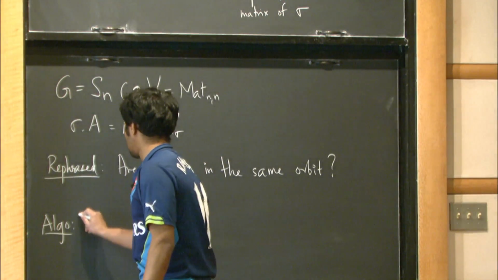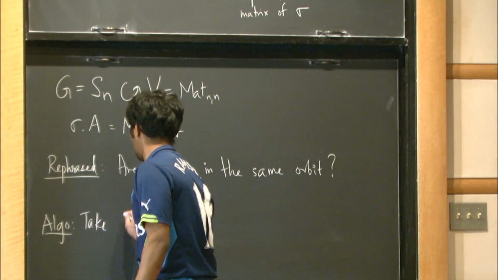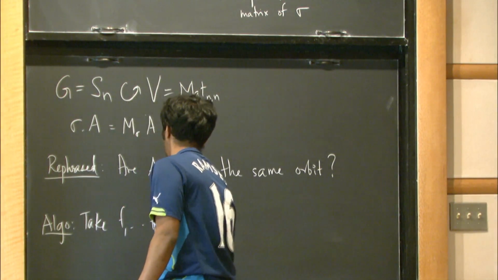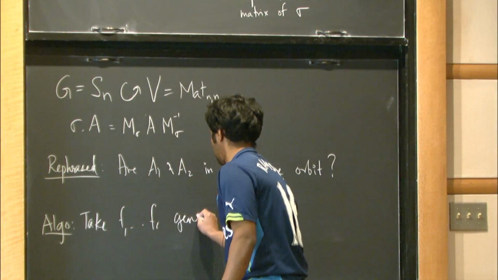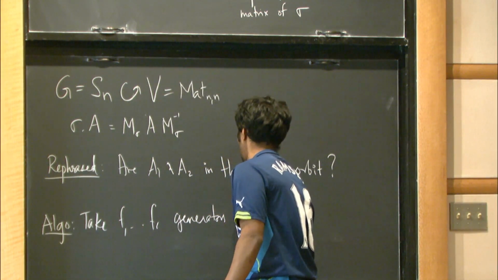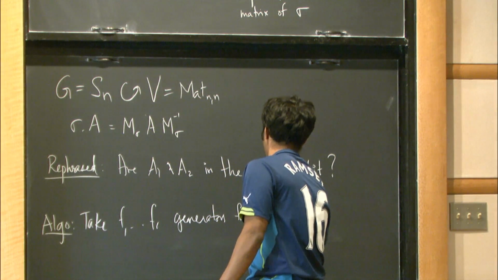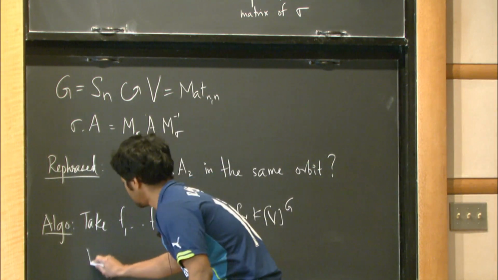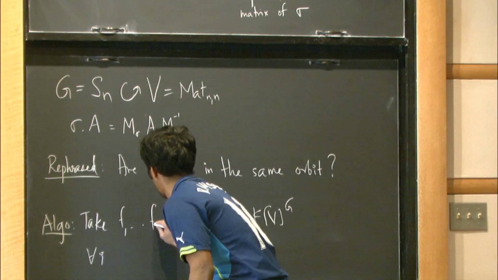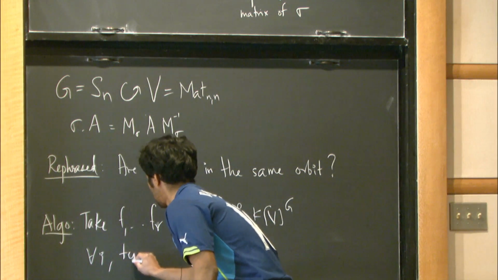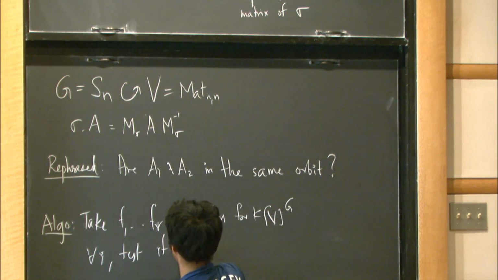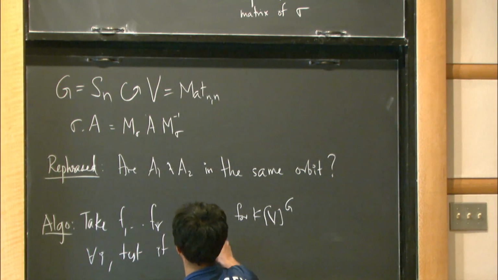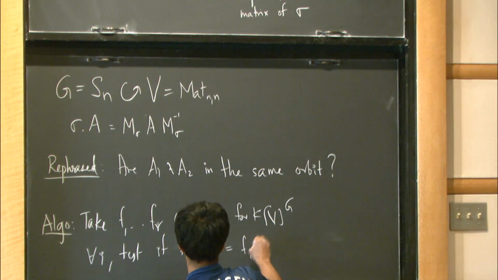The algorithm is: take a set of generators f1 through fk of the invariant ring, and then for each one of them test if they take different values on A1 and A2.